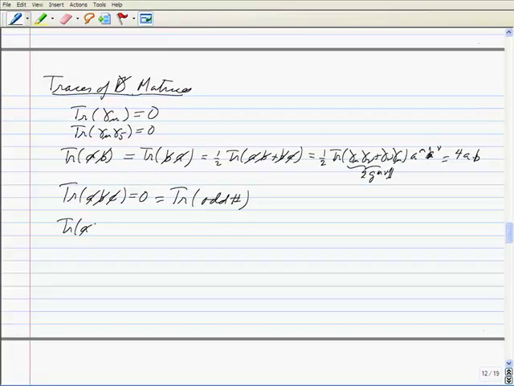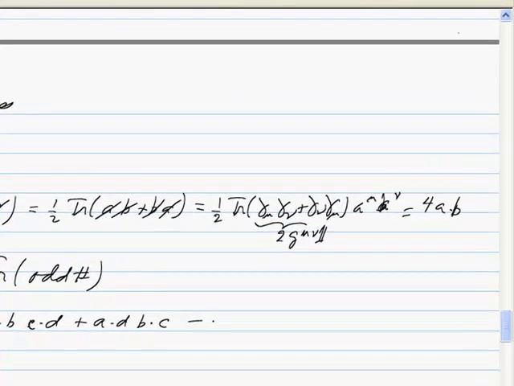That's equal to 0, and you can get that just by commuting things through. Trace of A slash B slash C slash D slash is 4 times (A dot B C dot D plus A dot D B dot C minus A dot C B dot D). Okay. You prove this by anti-commuting these things through each other, picking up minus signs till you get back to the original, and then that's it.